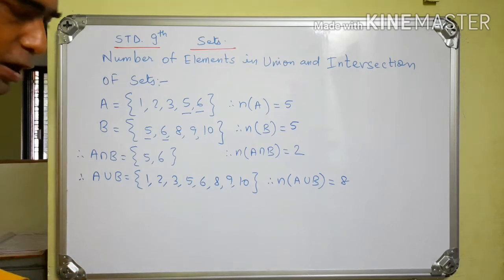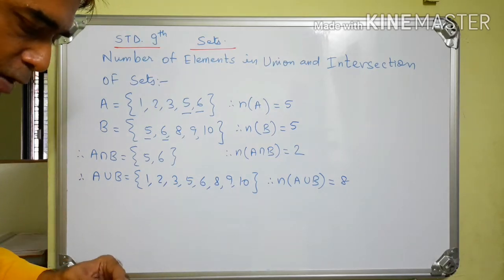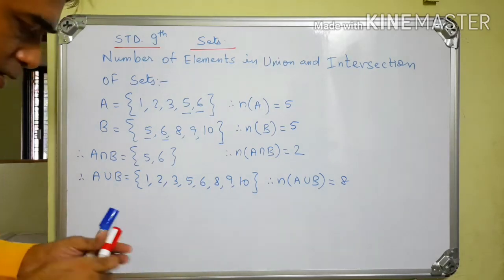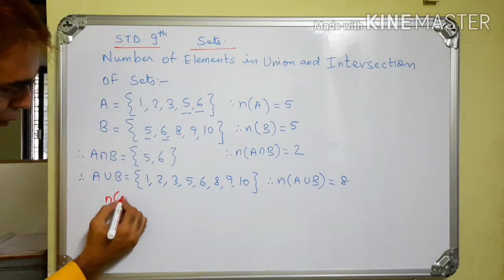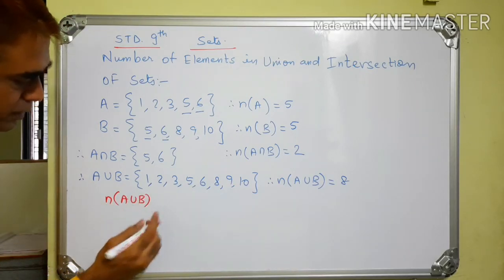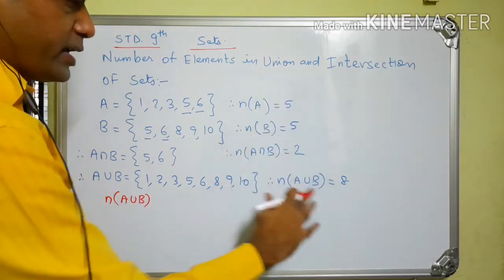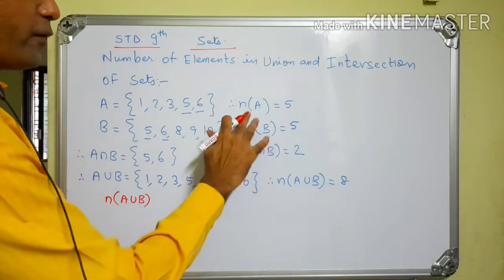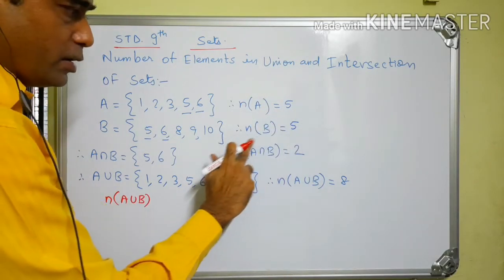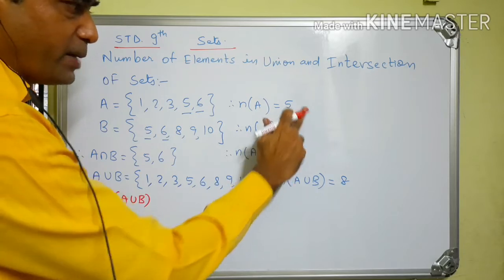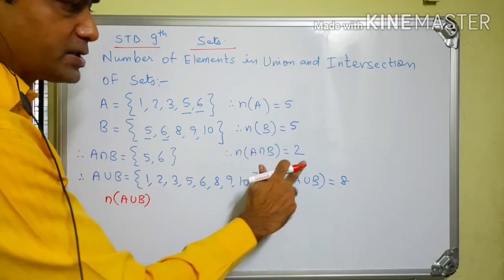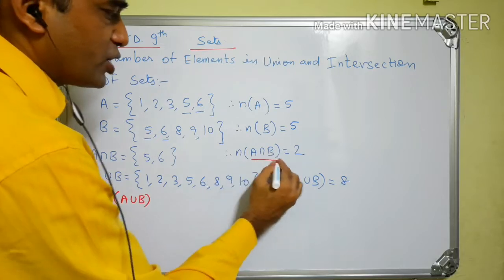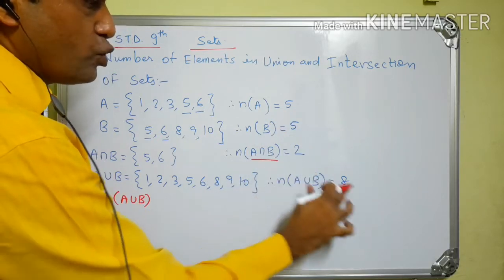Now let's learn a formula here. The formula for the number of elements in set A union B. You can understand from this example that the number of elements in set A is 5, the number of elements in set B is 5. 5 plus 5, 10, minus common elements, minus the number of elements in set A intersection B. 10 minus 2, 8.